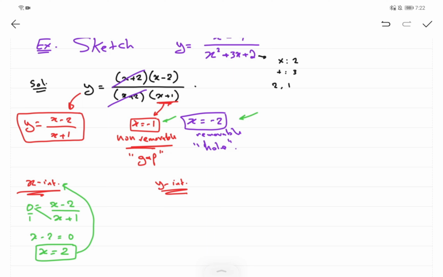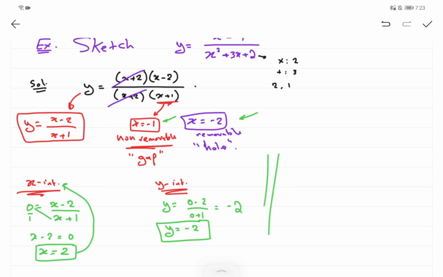Now to find the y-intercept, replace x by 0. So it's going to be 0 minus 2 over 0 plus 1, which is negative 2. So the graph will intersect the y-axis at y equals negative 2. Now we just found the x-intercept and the y-intercept.